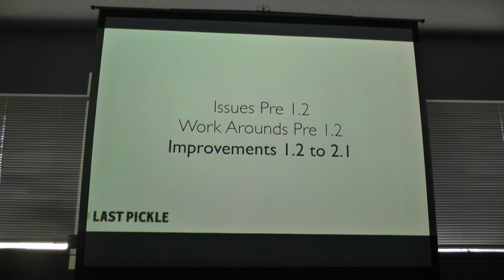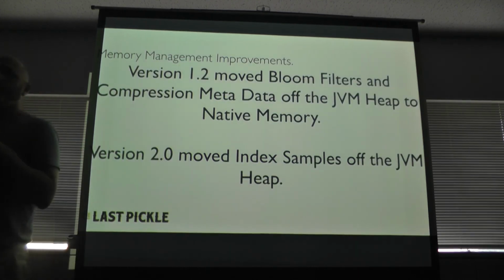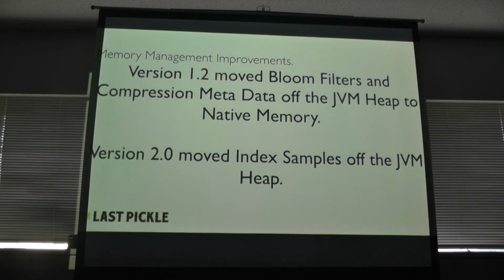And there are things coming in version 2.1 that continue to improve the situation. The biggest changes that happened in 1.2 was that these data structures were moved off the JVM heap. The bloom filters and compression metadata were moved off in 1.2, and in 2.0 the index samples were moved off the heap.